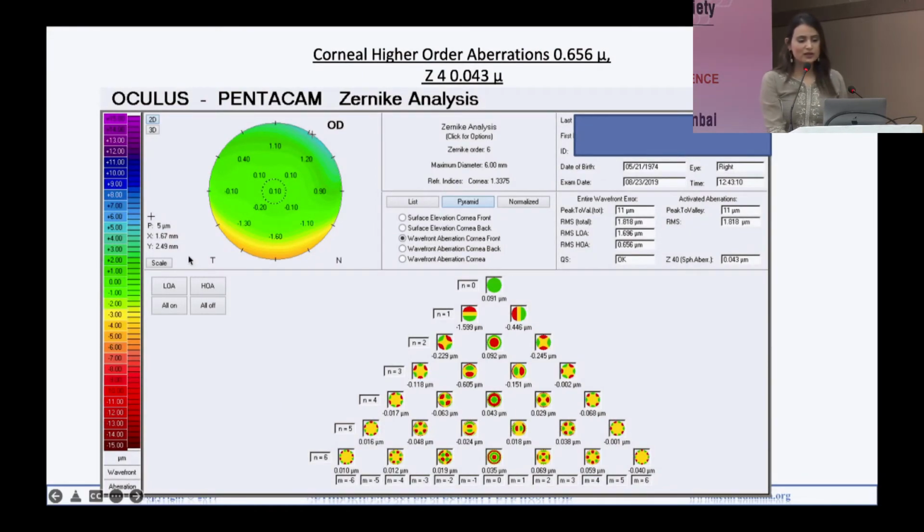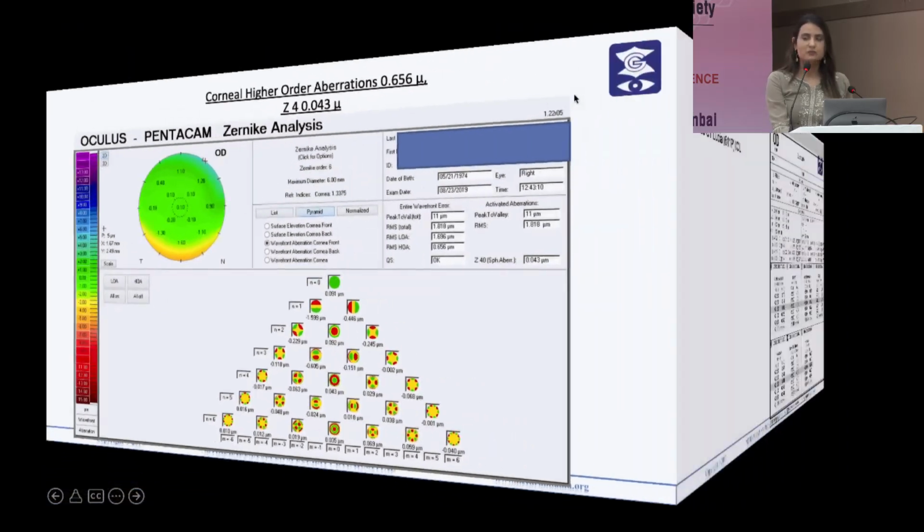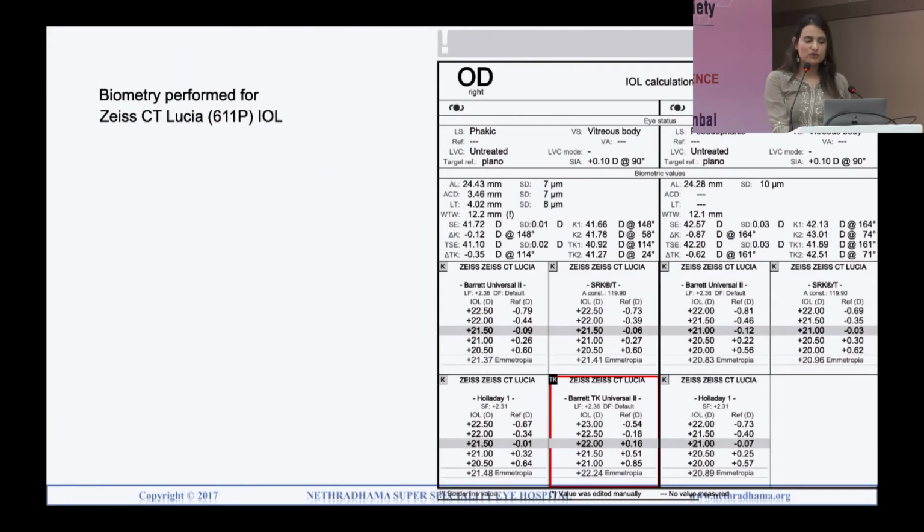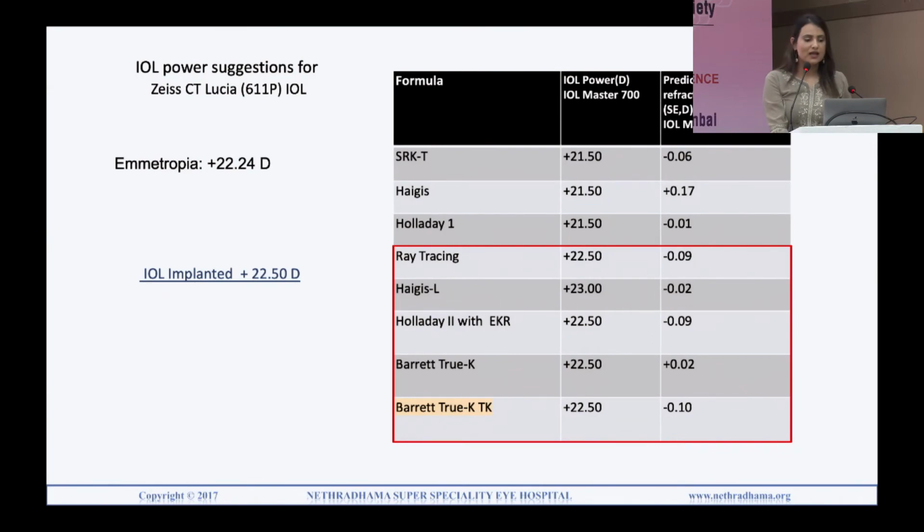So in the corneal higher order aberrations, they are slightly on the higher side, so we did not opt for a multifocal in this patient, and we opted for a monofocal Zeiss CT Lucia lens. And then you can see that in this table, the first three methods are the third generation formulae, and the last five are the latest generation post-LASIK formulae, and you can already see that there is a difference of 1 diopter between the two.